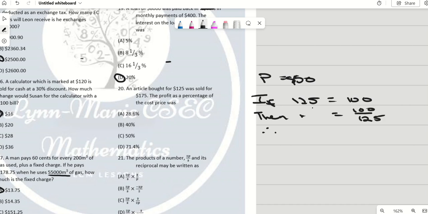And therefore, 50 would be 100 over 125 multiplied by 50 over 1. 25 goes into 100 4 times, 25 goes into 125 5 times. 5 into 5 is 1, 5 into 50 is 10. So 10 by 4 is 40. So the answer is B, 40%.